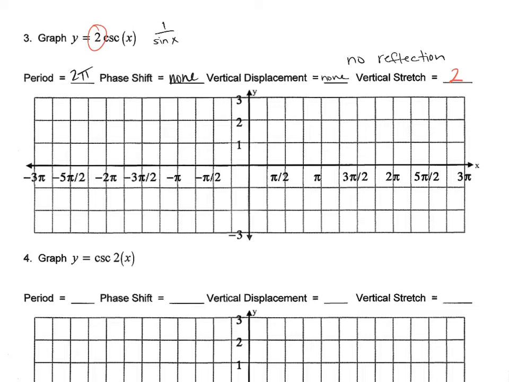Sine of x starts at 0, and because we still have a period of 2 pi, I'm going to have zeros at multiples of pi. Then I go up first, but instead of going up to 1, I go up to 2, and then at 3 pi over 2, I go down to 2 instead of down to 1. Then the same pattern over here.